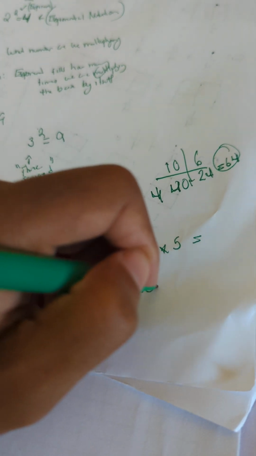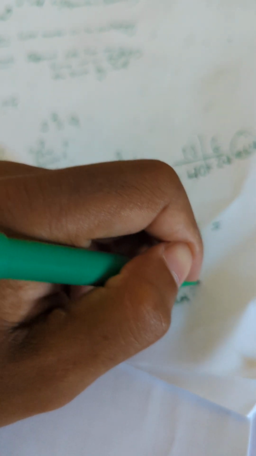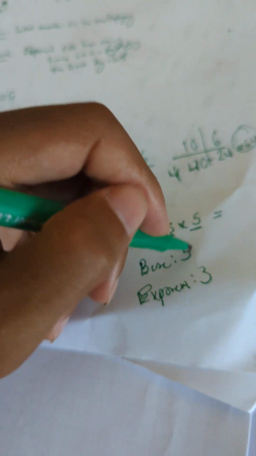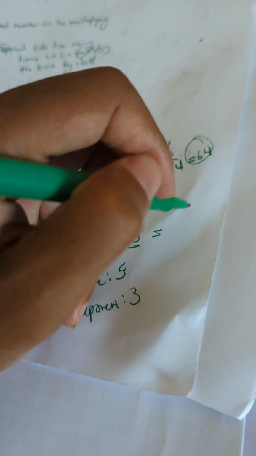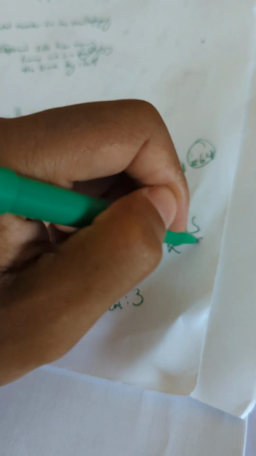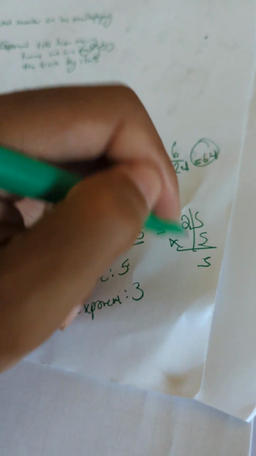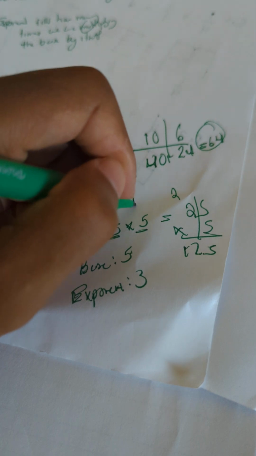Well, the base is 5 and the exponent is 3, because it's 5 times 5 times 5. We know that 5 times 5 is 25, times 5. 5 times 20 is 100, and 5 times 5 is 25. So this becomes 125 as the answer.